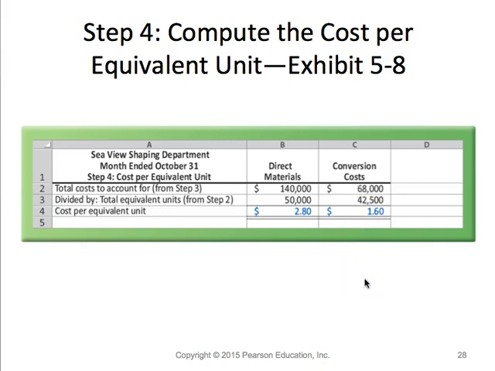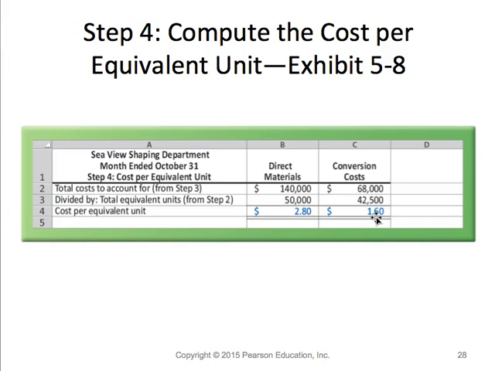Remember, it's 42,500. 40,000 plus 25% of 10,000, which is 2,500, is 42,500. So 68,000 divided by 42,500 becomes $1.6 per equivalent unit.